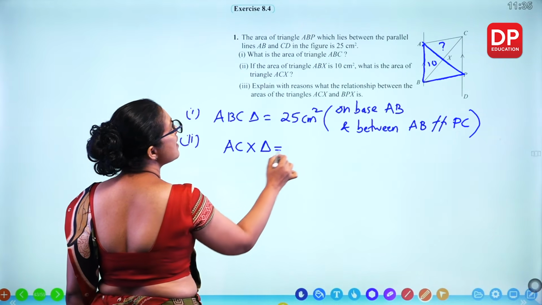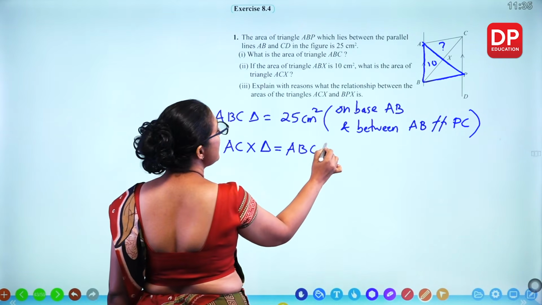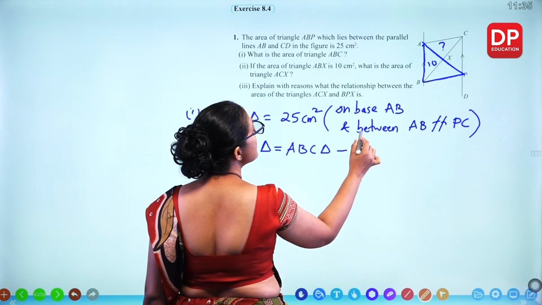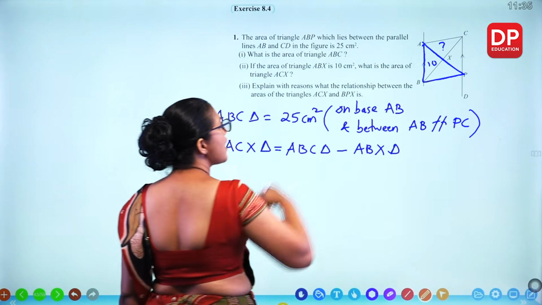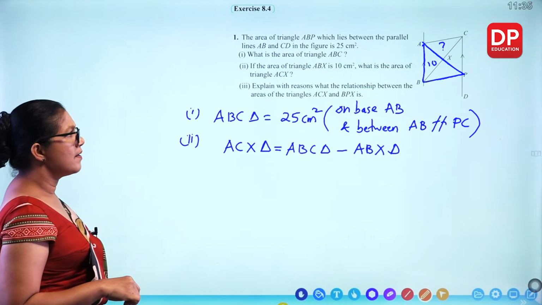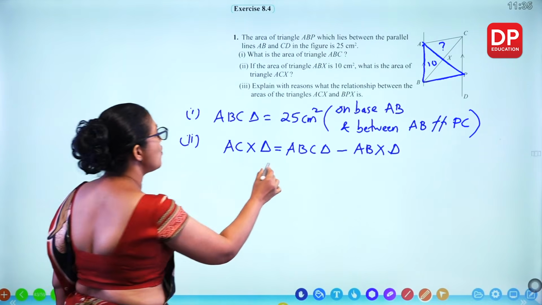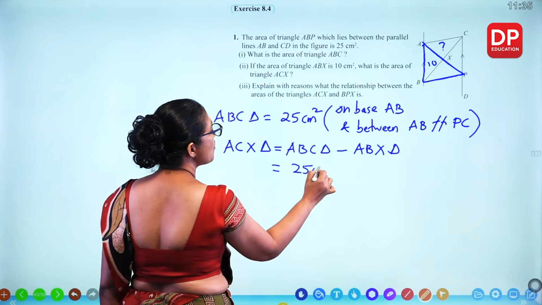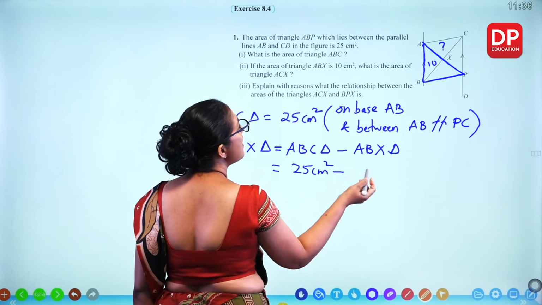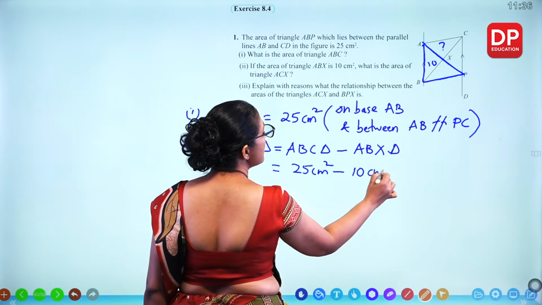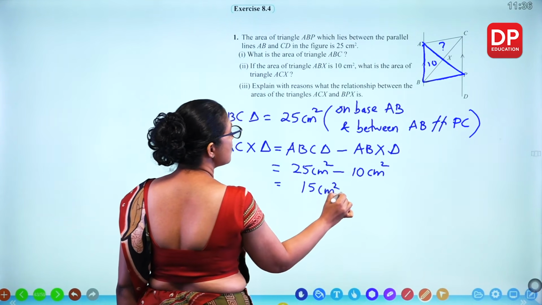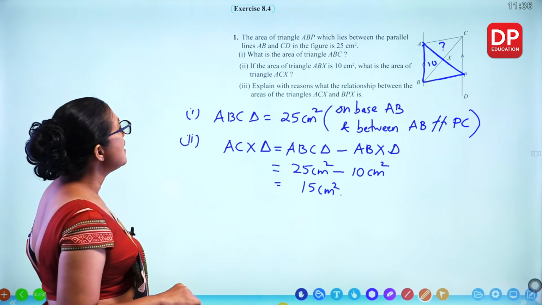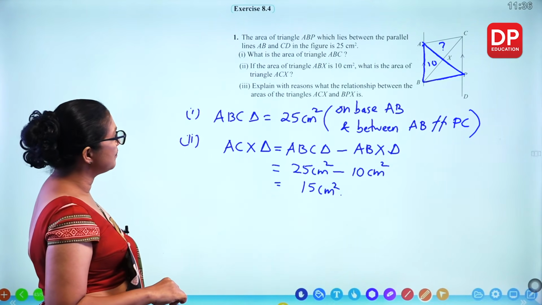ACX area is ABC area minus ABX area. So we know ABC is 25 square centimeters, ABX given as 10. When you subtract, you get 15 square centimeters for the area of ACX.